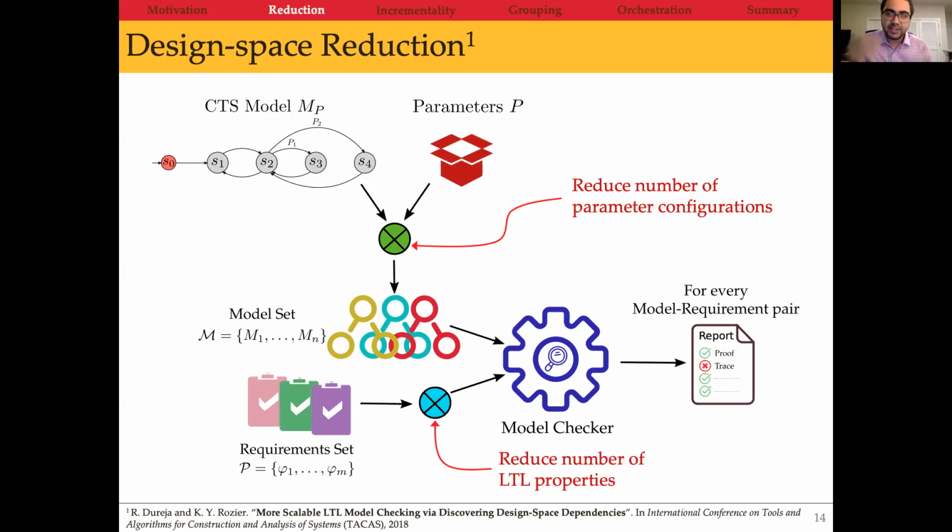Our design space reduction technique automatically finds some implicit property dependencies at runtime to dynamically reduce the number of properties that are checked per model. After model checking this reduced set of models and the reduced set of properties, the verification results for the reduced number of model checking runs are unpacked to give the model checking verdict, including the translation of counterexamples across models, for all the models and properties in the original design space.